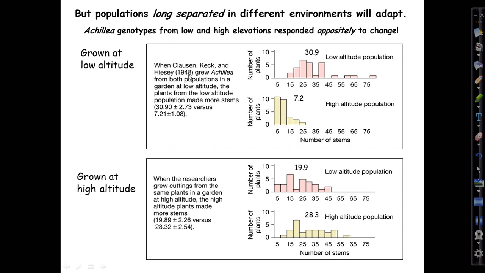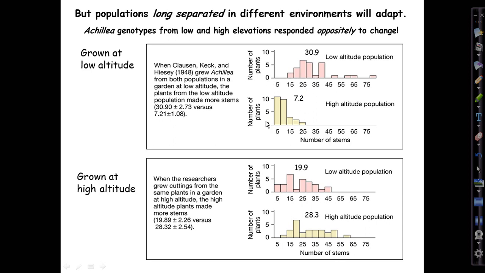So Clausen-Keck-and-Heise also did an experiment where they moved plants grown at high altitude to low and low altitude to high, and compared them. So plants from Stanford, from the low altitude population, when grown at a higher altitude, showed big differences. The low altitude population produced many more stems.